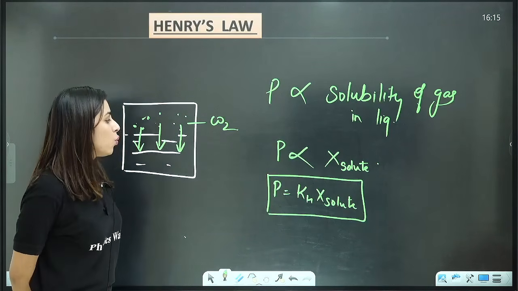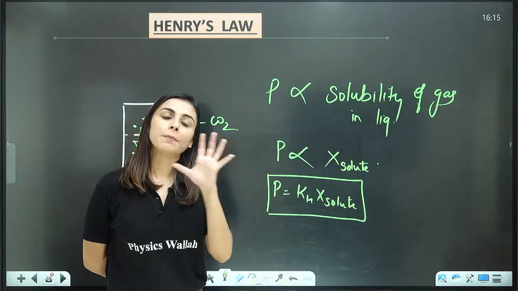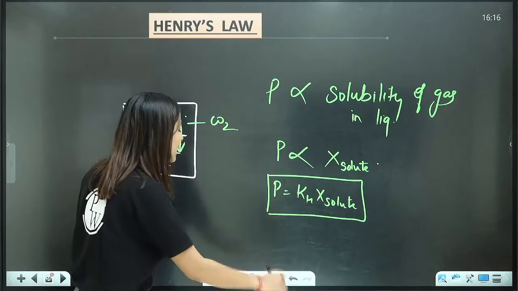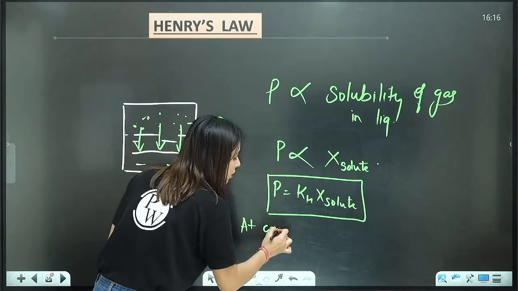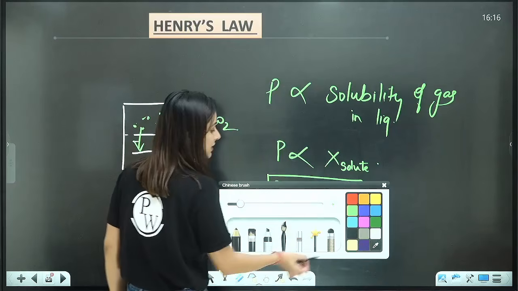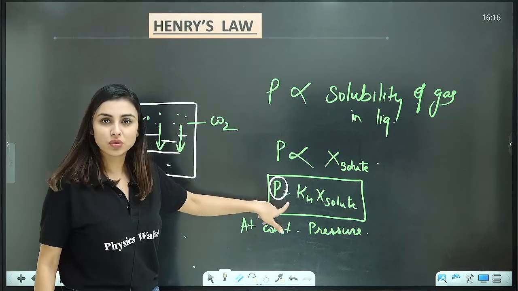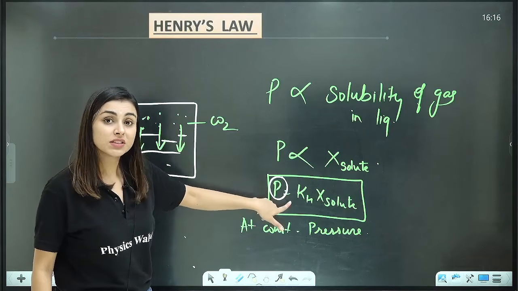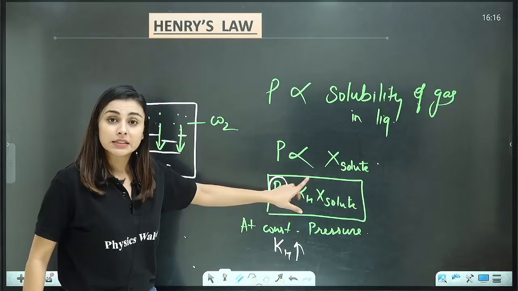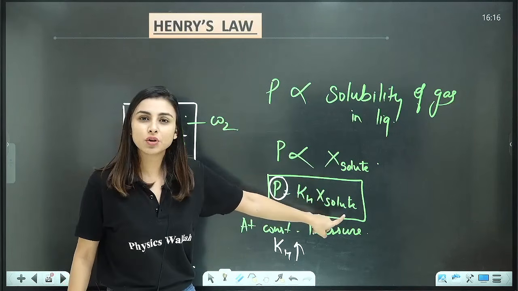Now what you have to understand is that in day-to-day life, our pressure is constant, atmospheric pressure. So, my dear students, at constant pressure, this value is constant. If KH increases, if some gas's Henry's constant is more, then its solubility would be less.